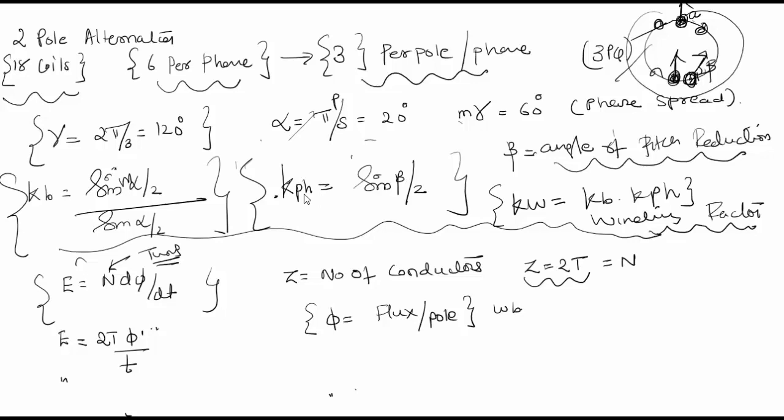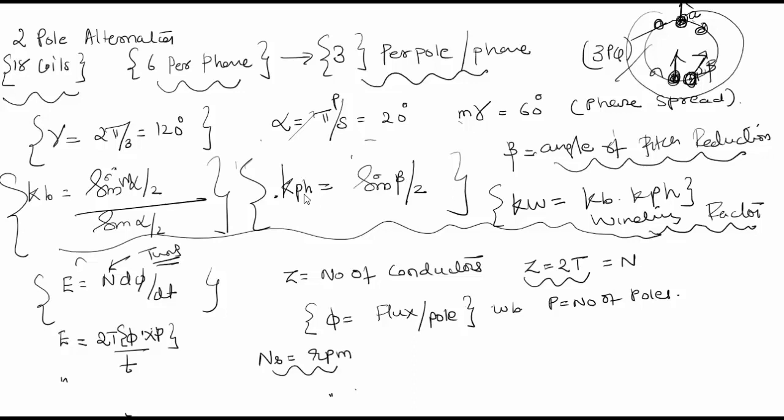And this will now have to be multiplied by P to give you the total flux in Weber, because this is flux per pole, and P is the number of poles. And now your n as synchronous speed, or the rotation, is given in RPM.